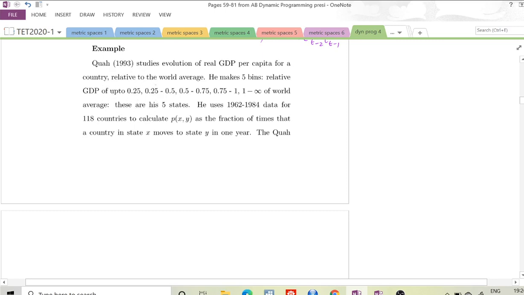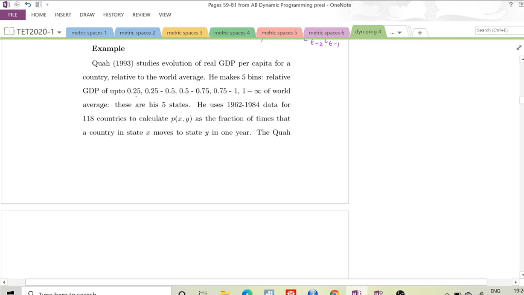Well, let me backtrack. What he does is he calculates over about 20 years the GDP of each of his 118 countries relative to the world average GDP.